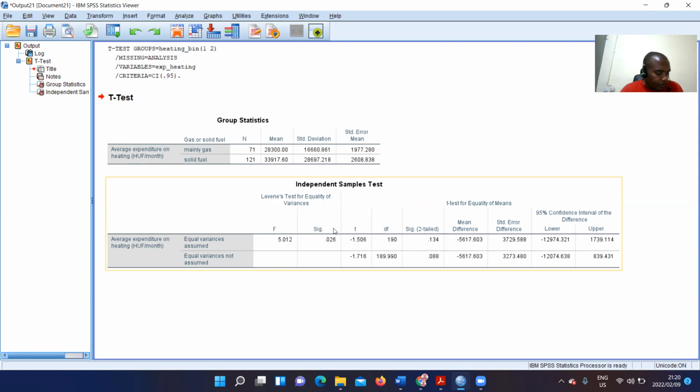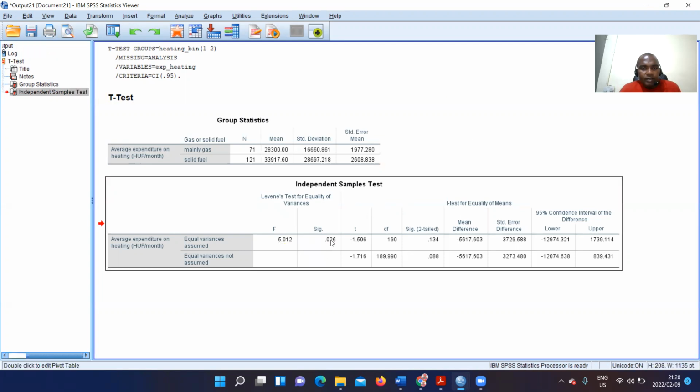So if we look at these statistics, you realize that the F statistic is 5.012, its significance probability is 0.026, which is lower than 5%.